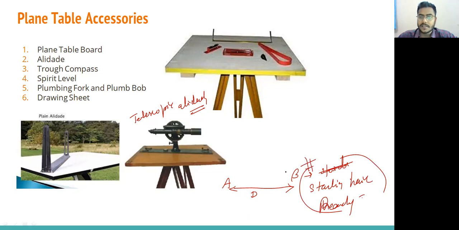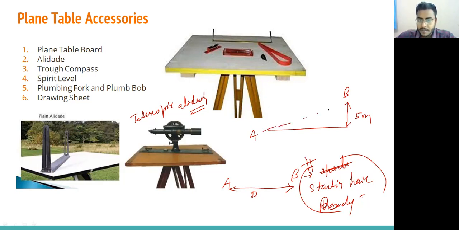These things I will discuss in the next unit. For now, just think that we can measure the horizontal distance by using the telescopic alidade without using chain and tape. Also, we can measure the elevation. Suppose the horizontal line between A and B is here, but B is elevated at some height, like 5 meters.